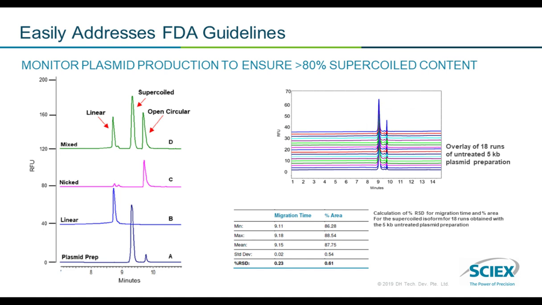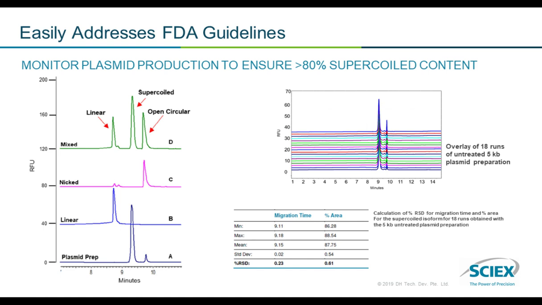On the left side, at the bottom, A is what a typical plasmid prep looks like. This is a 7 kb plasmid. How do you then identify which peak is which? If you do a restriction digest of your plasmid, you get the linear peak, which is in B in this cartoon.